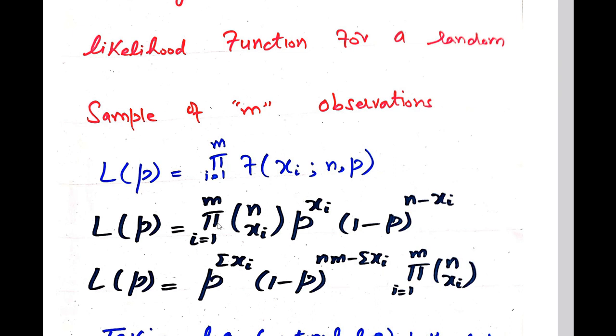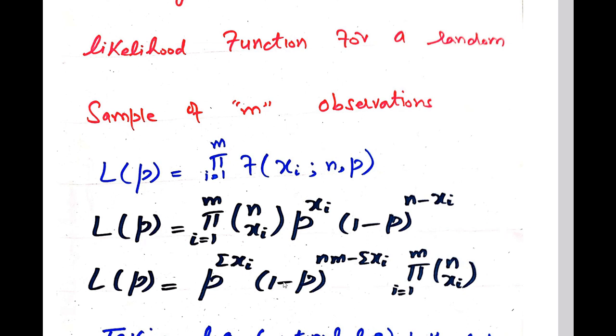Now apply the pi sign. p power sum of xi, because xi means values from 1 to m, and these values are present in multiple form, meaning p^x1, p^x2, and so on up to p^xm. As you know, when the bases are the same, we can add the powers, so it is equal to p power sum of xi.